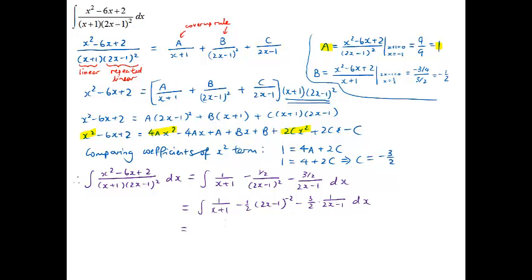So integrate 1 over x plus 1, I have ln. Integrate this power function. I have to increase the power by 1 and divide by the new power. However, because this is a linear function, I will also divide by the coefficient of x.